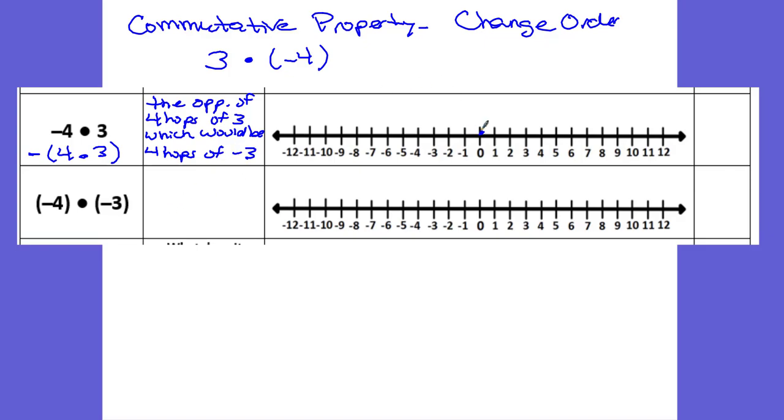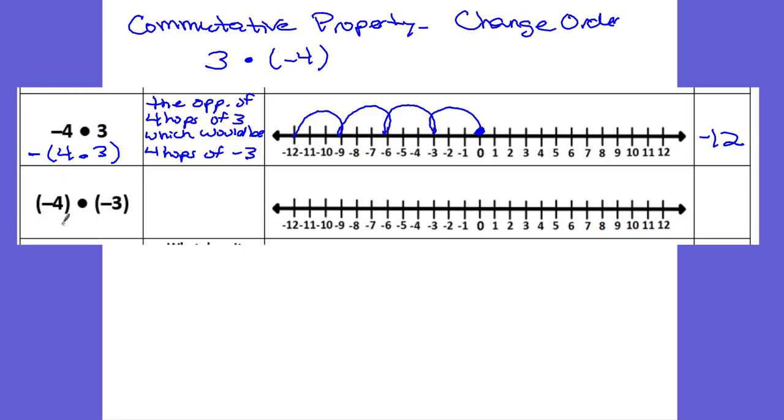So we start at 0, and we want 4 hops of negative 3. So it's 3 negatives, 3 more negatives, 3 more negatives, 3 more negatives. And we end at negative 12. So negative 4 times 3 equals negative 12.